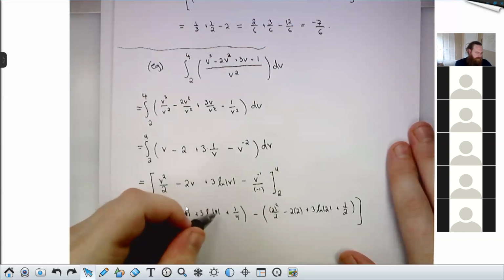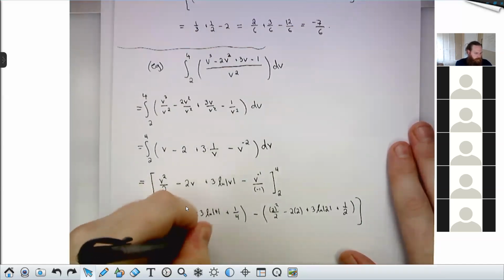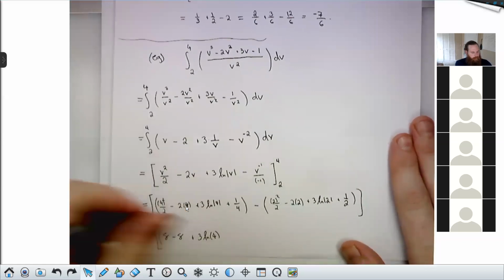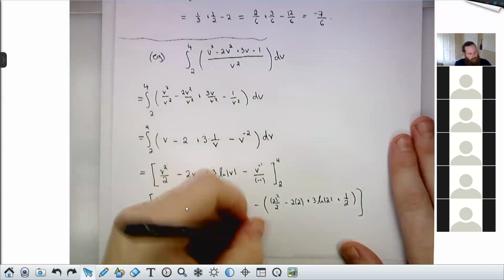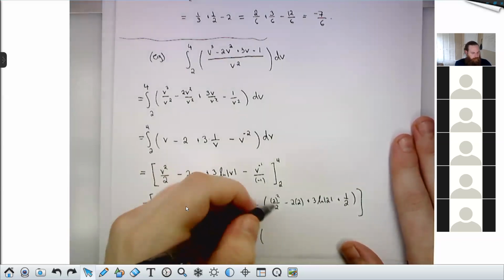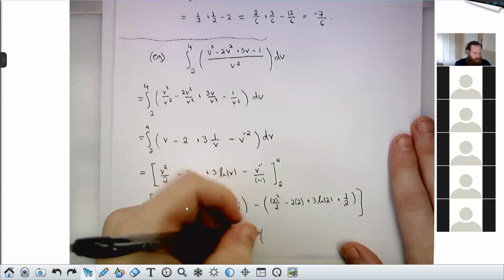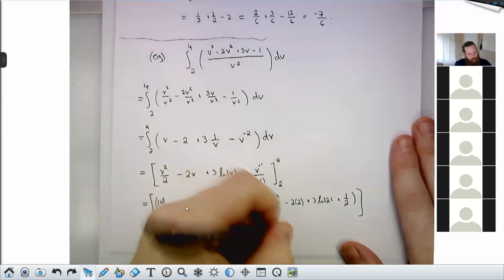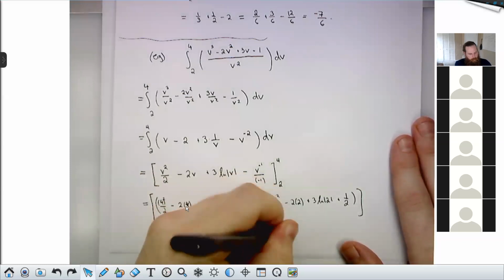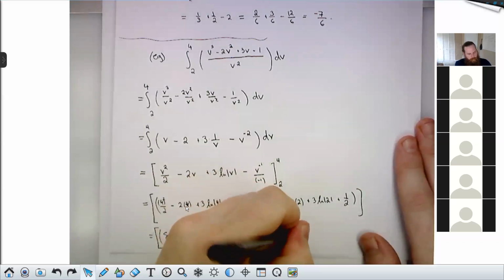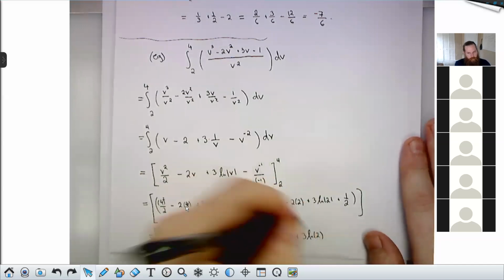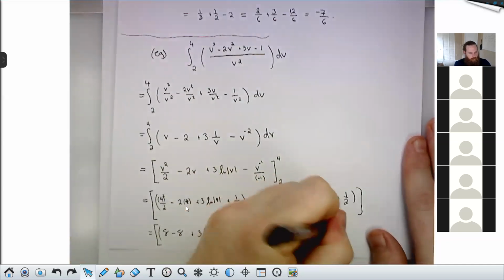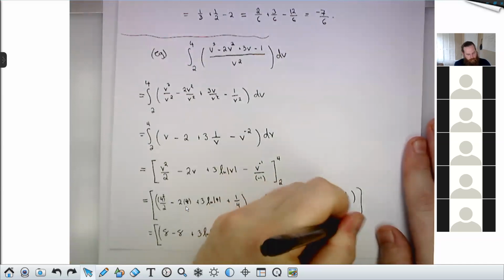Well, 4 is positive, so I can lose the absolute values and at least just write this as 3 ln 4, like normal, plus 1/4 minus 2 squared is 4. 4 divided by 2 is 2. Minus 2 times 2 is 4. Plus here, this is 3 times the natural log of 2. We can lose the absolute values because 2 is positive. Plus 1/2.